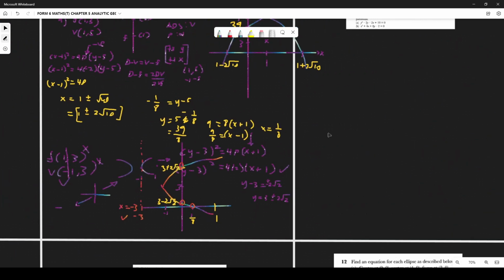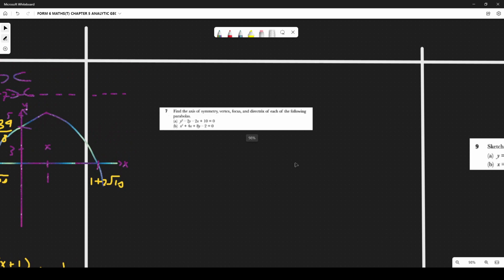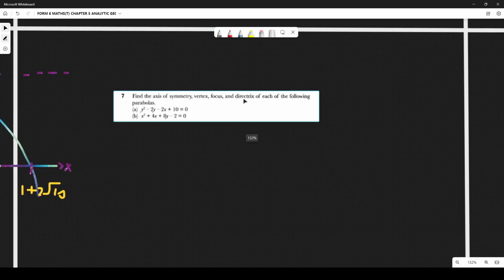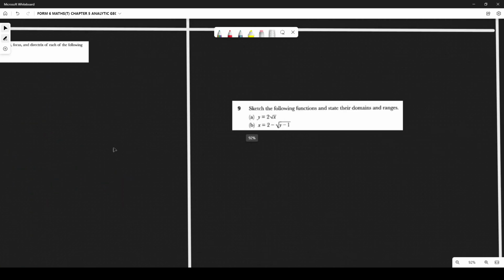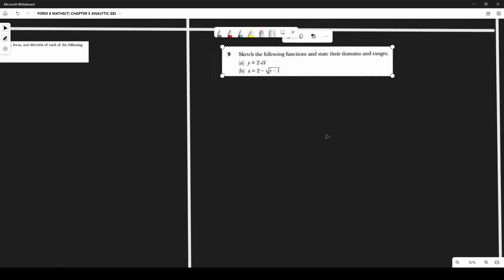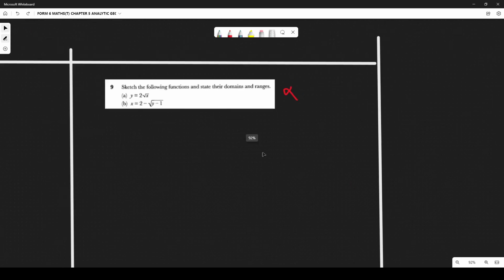So far we've only done 2 questions, but that's because sketching is quite boring. So this question, this is the function, state the domain and range. Maybe I can skip this one. You can try it later when I post this, but I'll skip it for now.